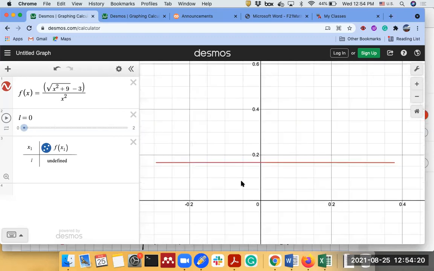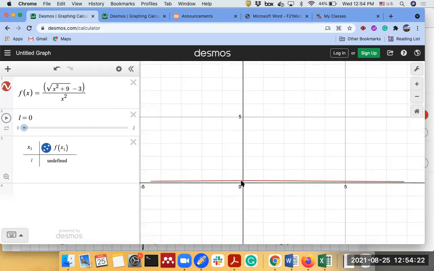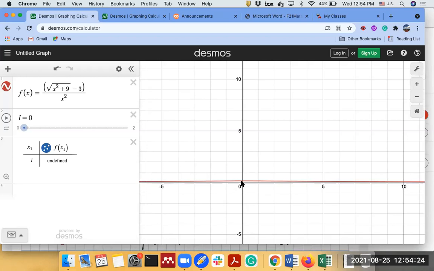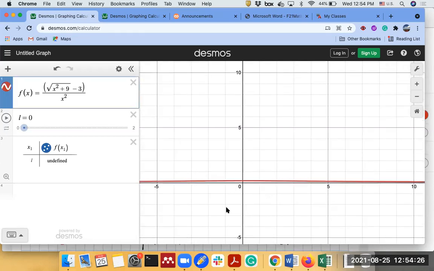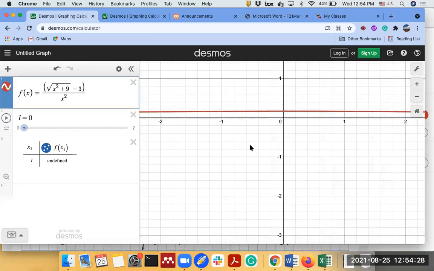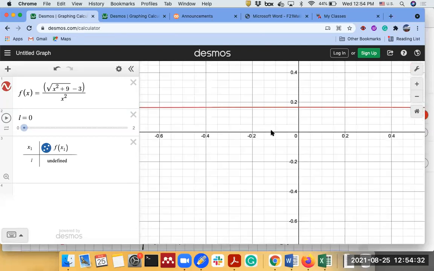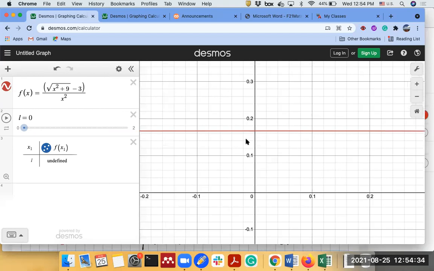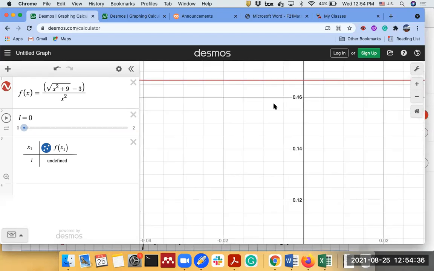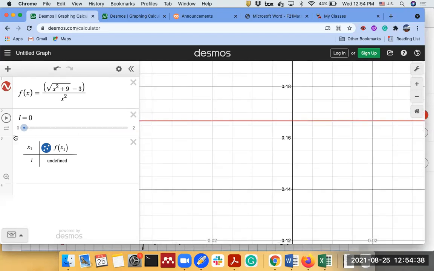But if we zoom it out, it's almost like a linear line, right? It does change a little bit. Then if we zoom in here, it's about 1.6, like we guessed. But anyway, I just want to show you something to play with at home without decimals.